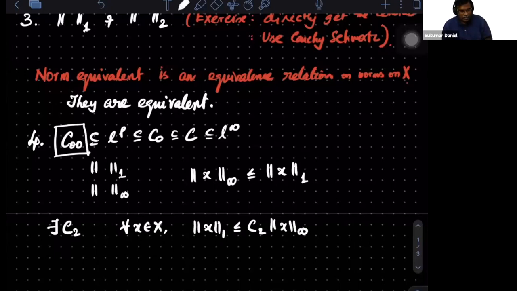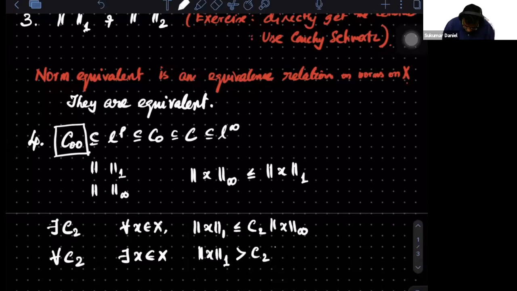And we are saying that this may not work out, which is the same as saying that given any C2, I should be able to produce an x in X such that norm x1 is strictly bigger than C2 times norm x infinity. So all it says is that if you give me any C2, I should be able to produce an x such that this inequality is true. That means the above inequality is not true. This is what I need to do to say that we cannot find such a C2.